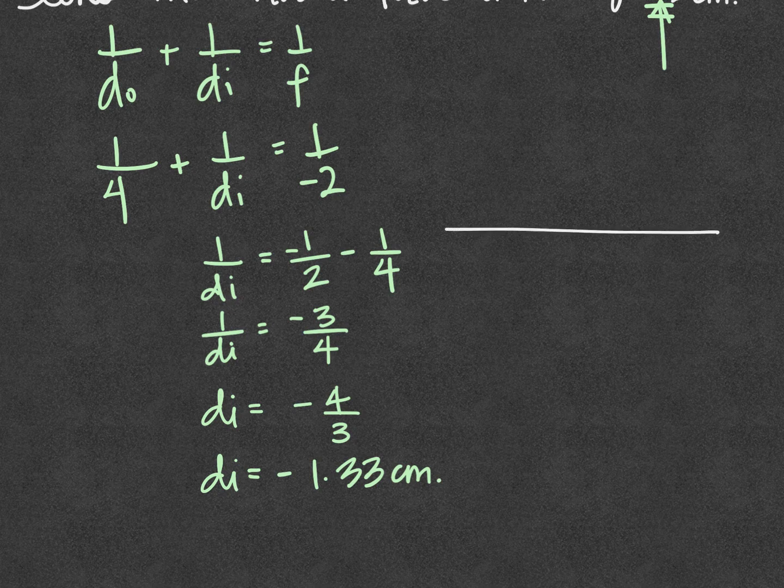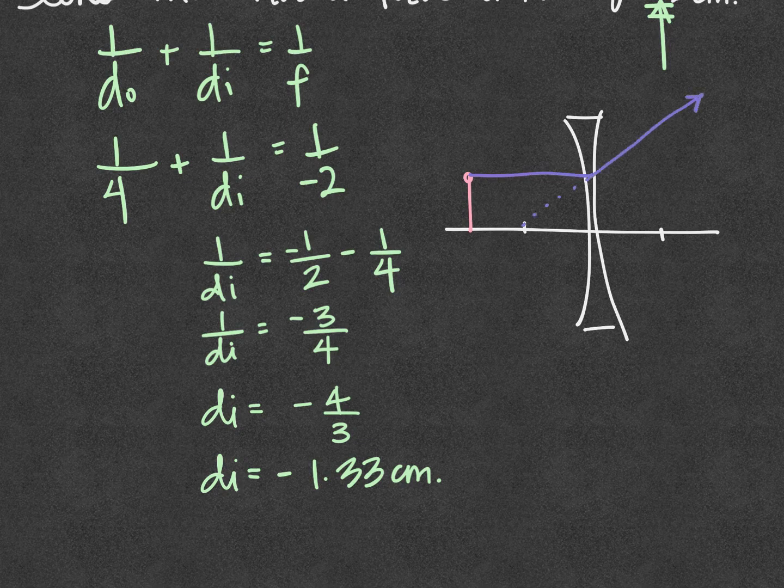If here is our principal axis and here is our diverging lens, and our object is out in front at 4 centimeters, and the focal point is at 2 centimeters, then we would have a ray that is parallel, but then it diverges in line with the focal point. Then we have another ray that's heading towards this other focal point, but when it hits the lens, it changes and goes out parallel.